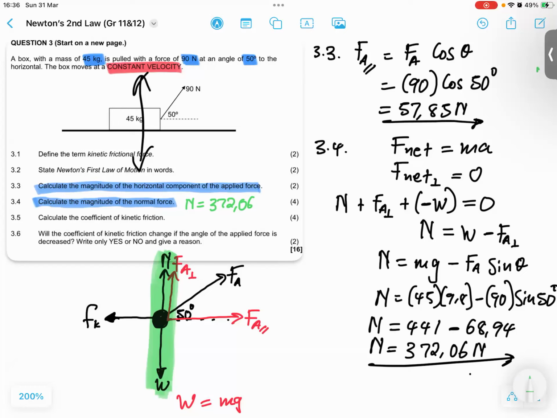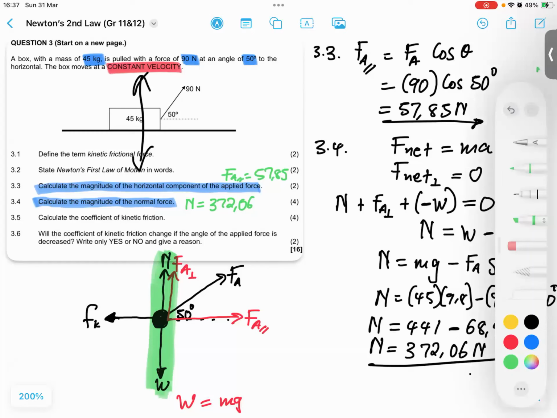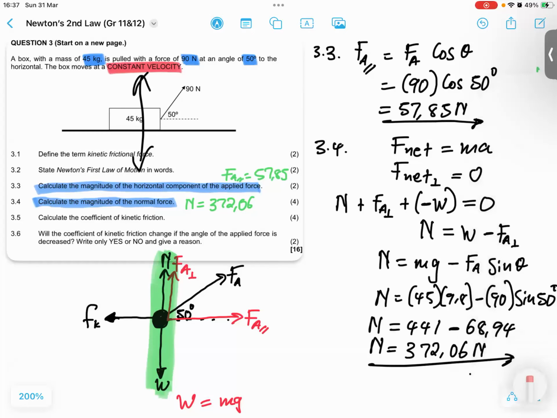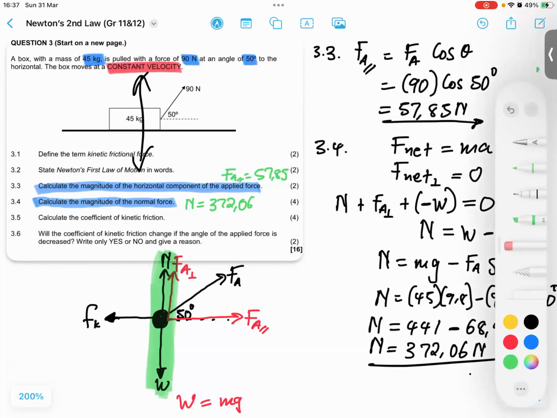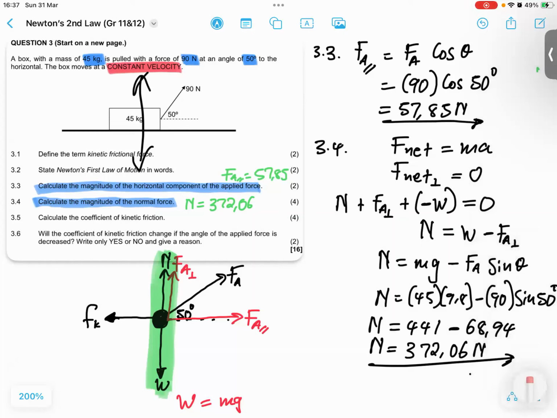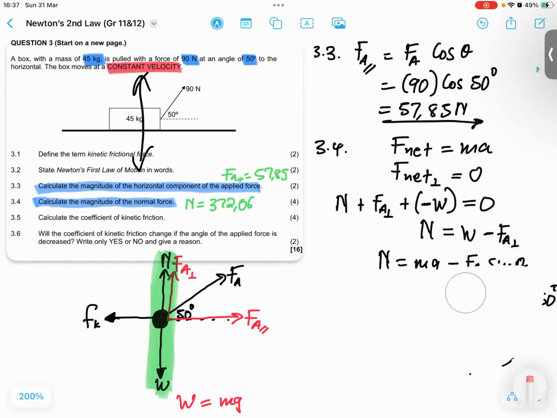We got the magnitude of the applied force parallel as 57.85. Okay, so that I can create a space for myself. So with that now, I can erase this part here so that I can have a space for 3.5.